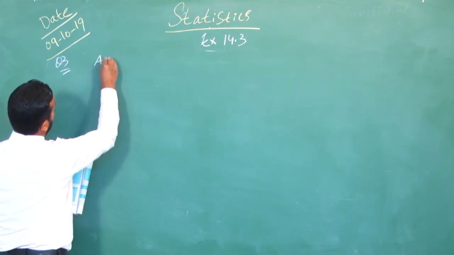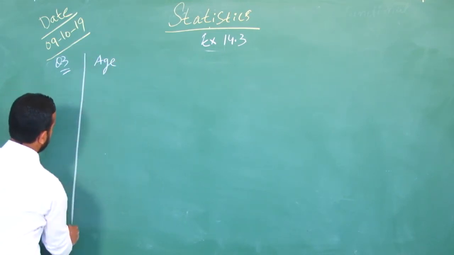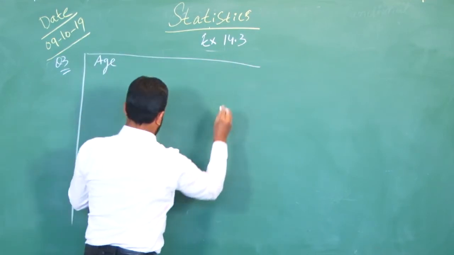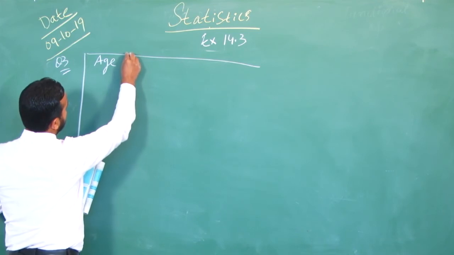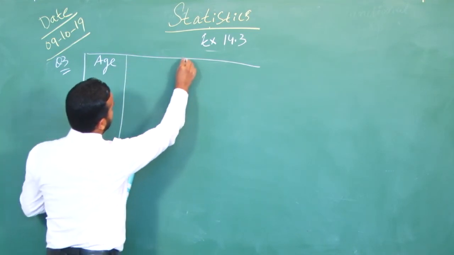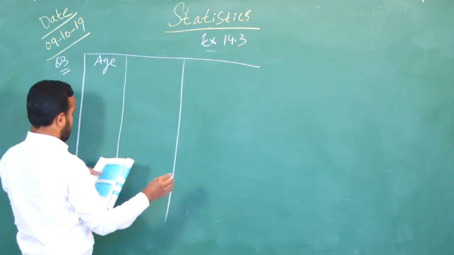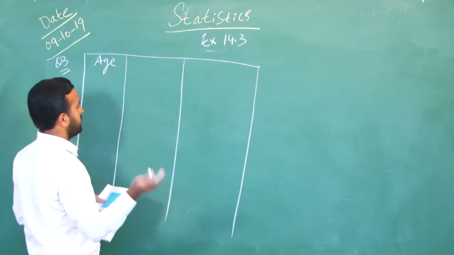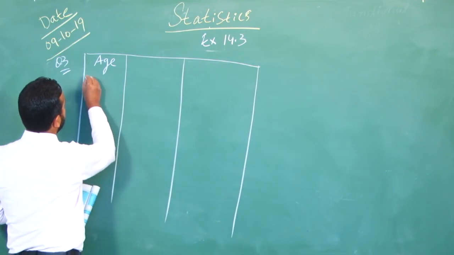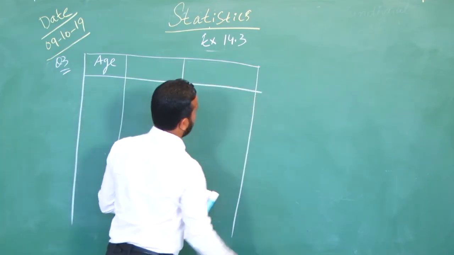Here age is given. Now I will make you understand in this question how to convert this to the grouped frequency distribution if it is the less than type of frequency distribution, which we are going to discuss later when we discuss the graphs of the cumulative frequency distributions.